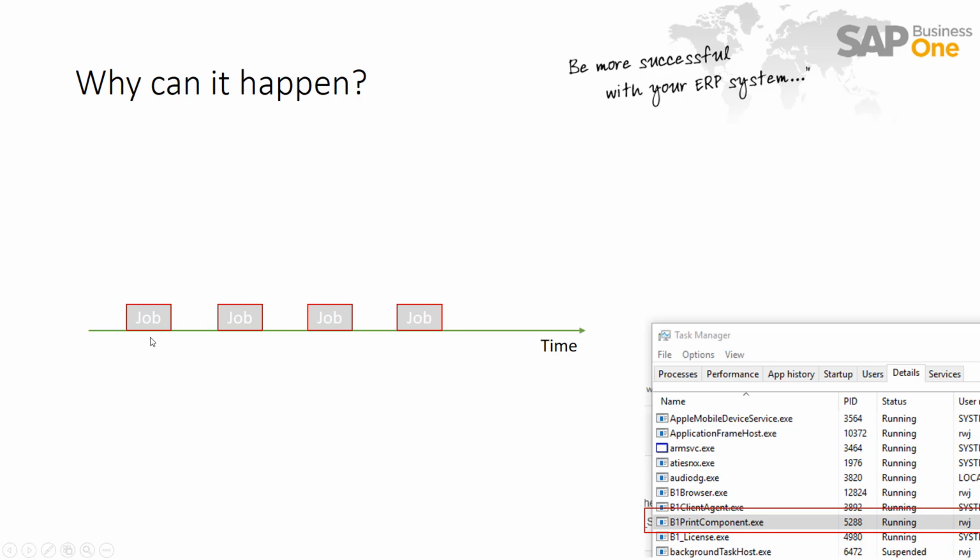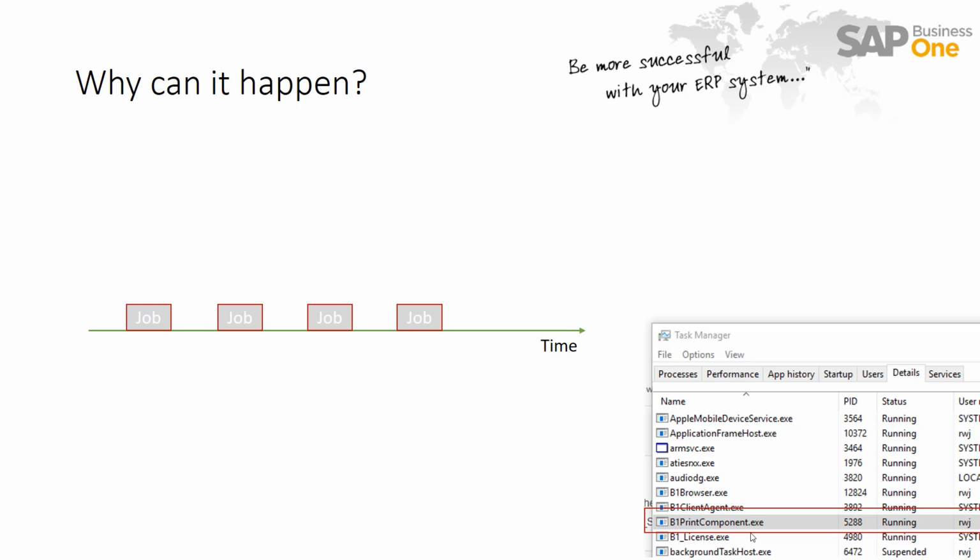On a schedule, anywhere between 5 minutes and several hours, you have different jobs. And every time a job starts, this executable will run, which is the B1 print component, and that is actually what's doing the job.